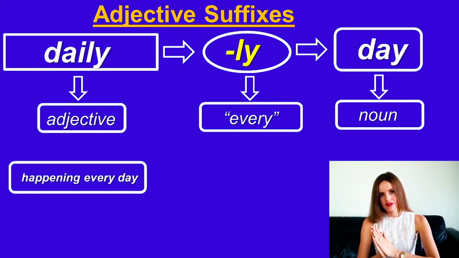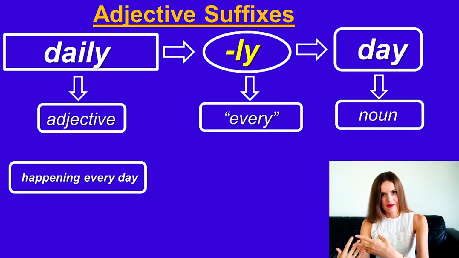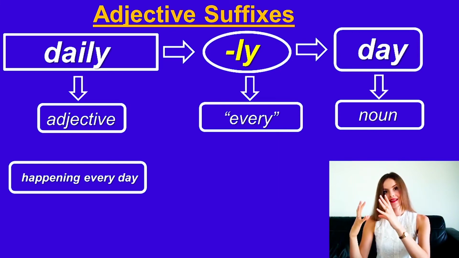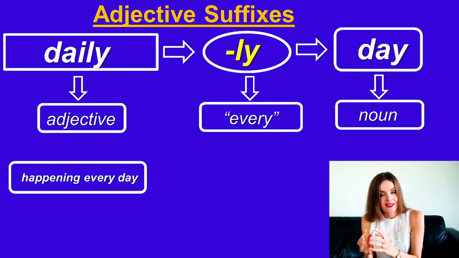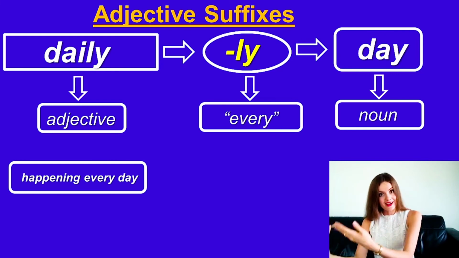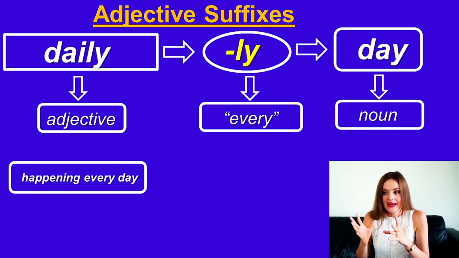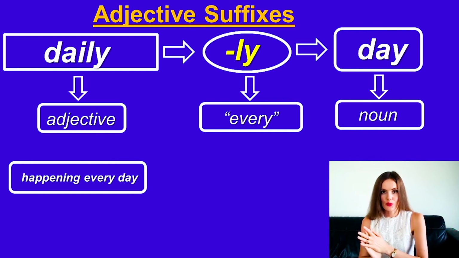So these letters are added to the end of the word and they have a meaning together. Like the suffix li has the meaning every. So when you add this new meaning to the word, you get another word. You can build new words with the suffixes by adding other meanings to the words.